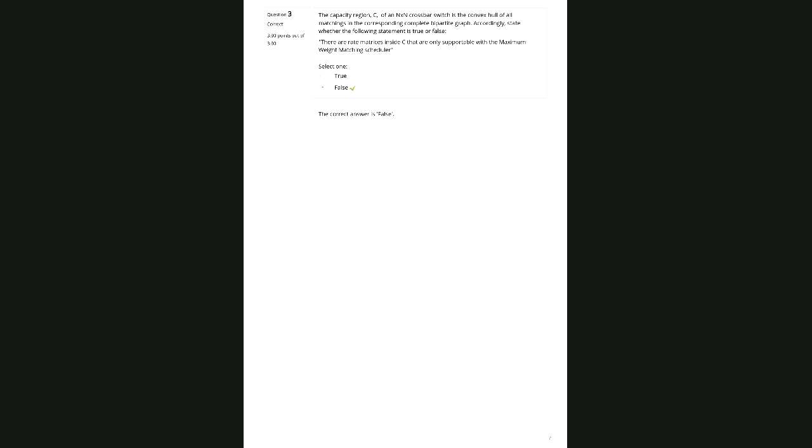Consider a 2x2 switch that has Bernoulli arrivals at the rate lambda over 2 into each of its virtual output queues. The switch is able to transfer one packet from each input and one packet to each output port in each time slot as usual. Using parallel iterative matching, what is the maximum arrival rate per input port for which the queues are guaranteed to be stable?